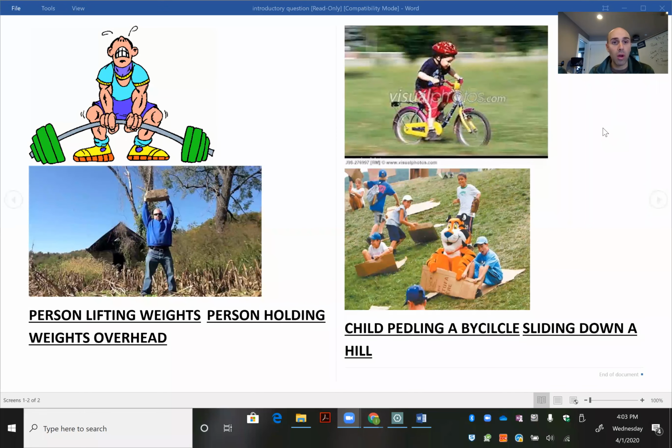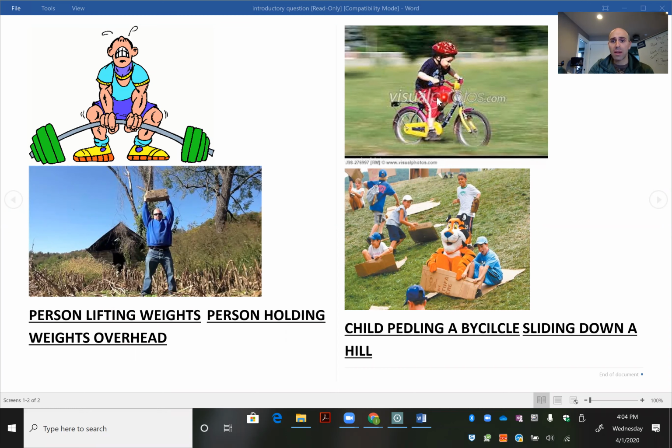Welcome back. So what I have here on the screen are 4 different pictures. The top person here is lifting weights. The bottom person here is just holding a weight or a brick over his head.